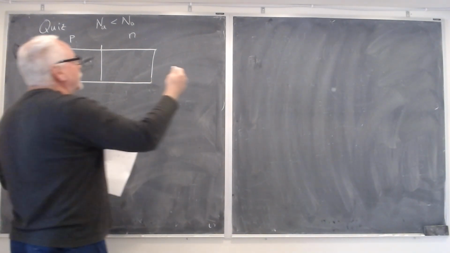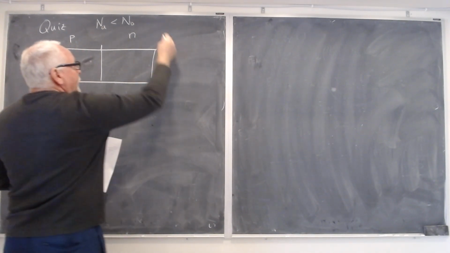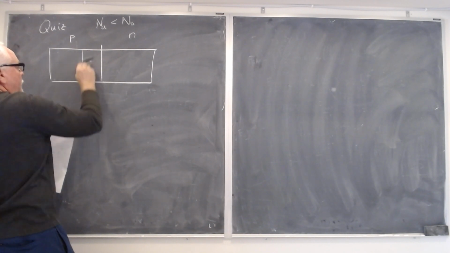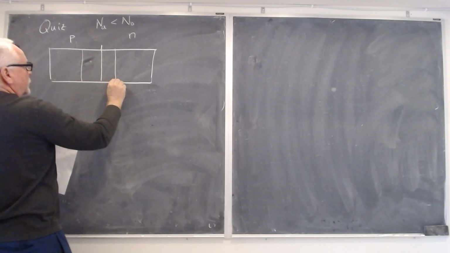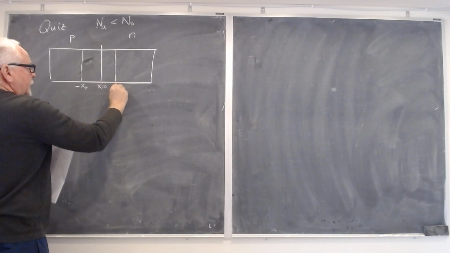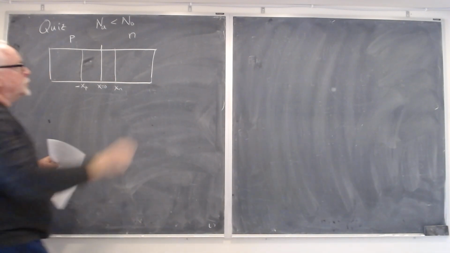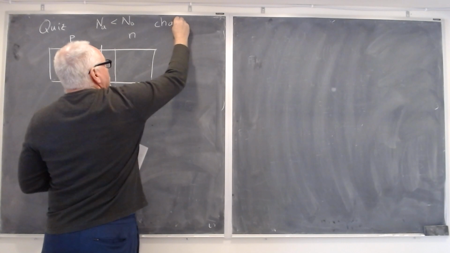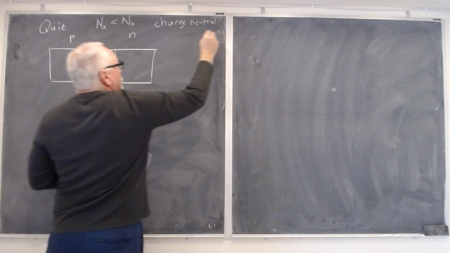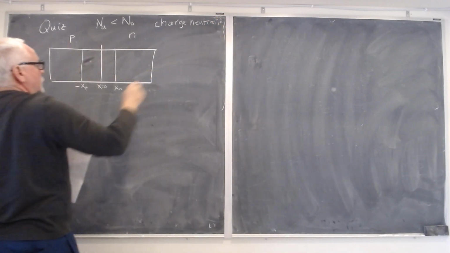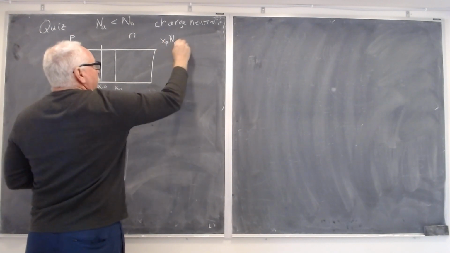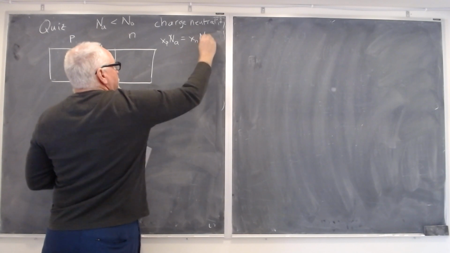For now, remember, I'll just write it down and draw it at the same time. This is minus xp, this is x equals 0, this is xn. And for charge neutrality, Na xp is equal to xn Nd.